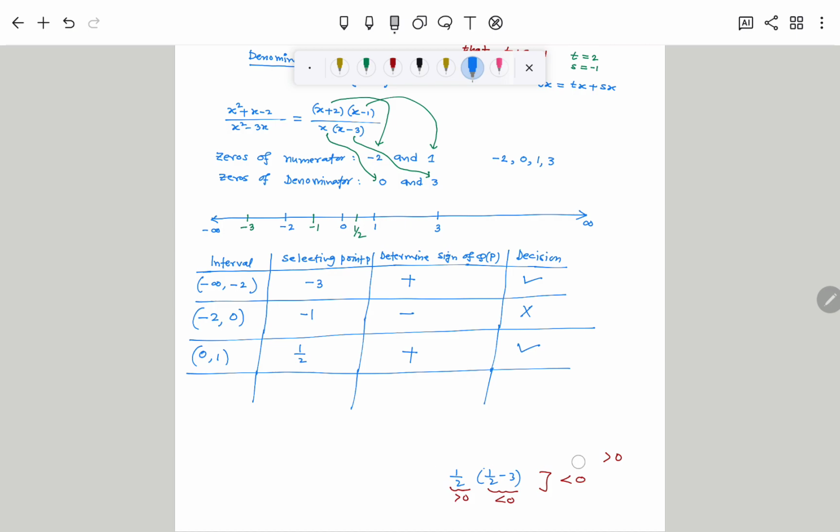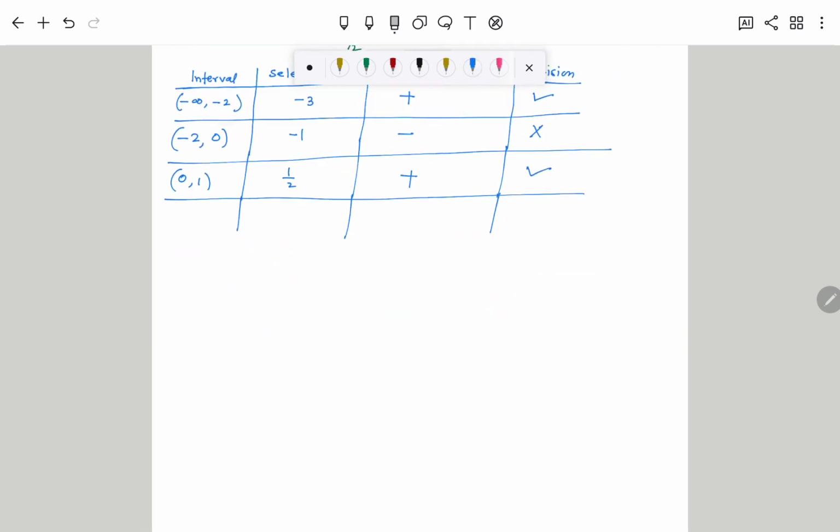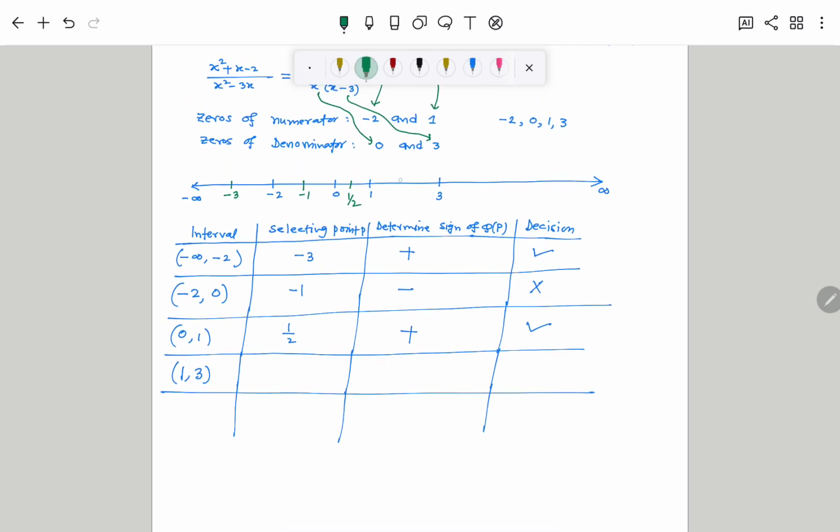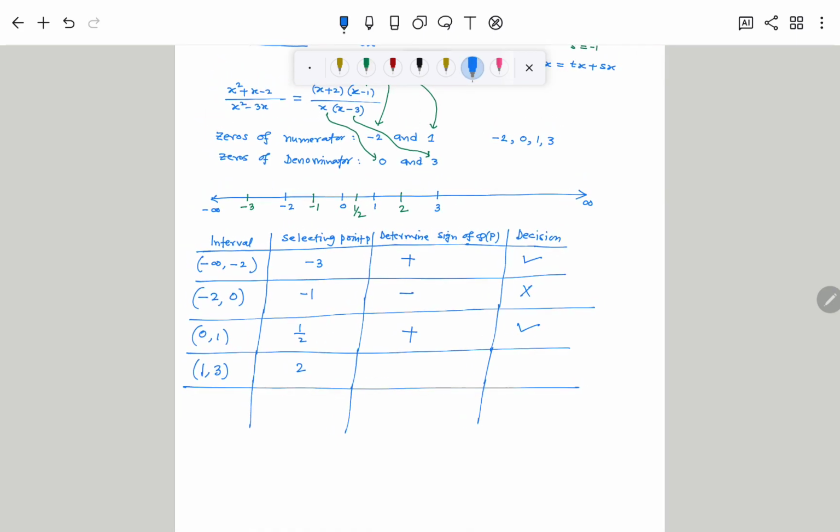Now we move to the next interval, that we have 1, 2, 3. If we look at this interval 1 to 3, what should we get in this interval? Let me select a point, that is 2. If we take 2 and put in the factor form, then we can easily decide: 2 plus 2 and 2 minus 1, divided by 2 into 2 minus 3.